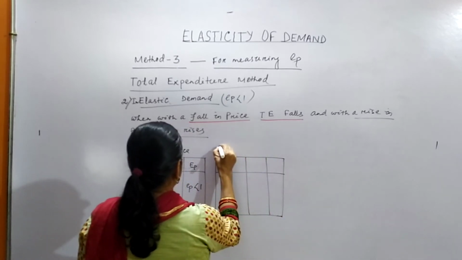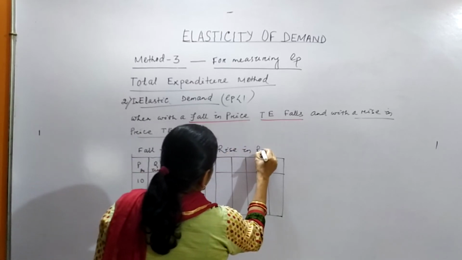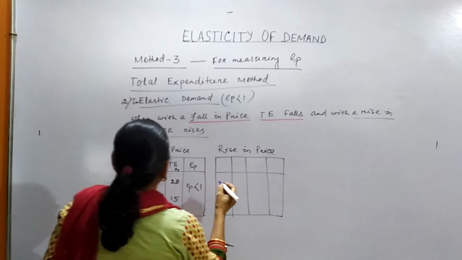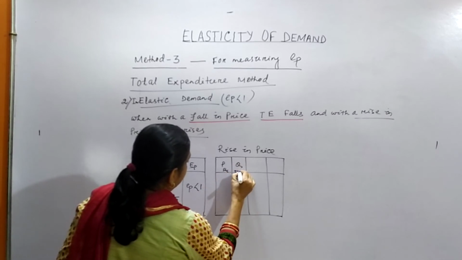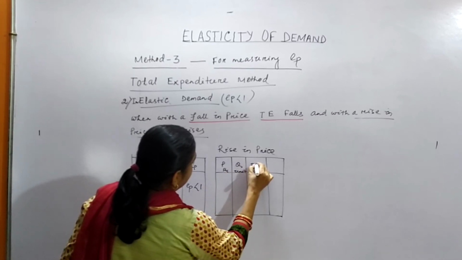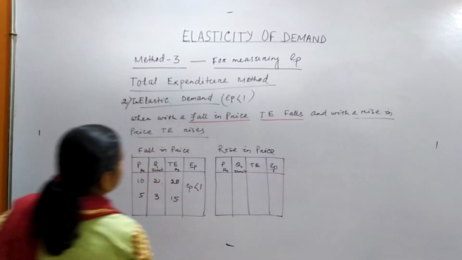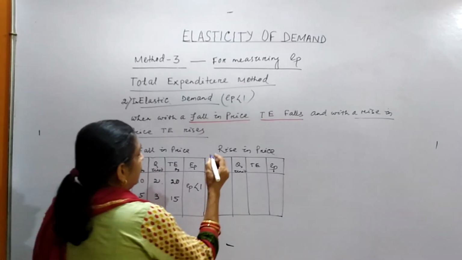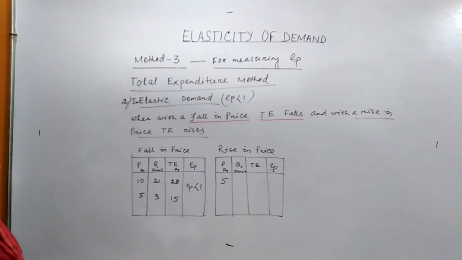This is rise in price. Price, quantity, total expenditure, EP. Now this is the case of rise in price. Suppose initial price is rupees 5.